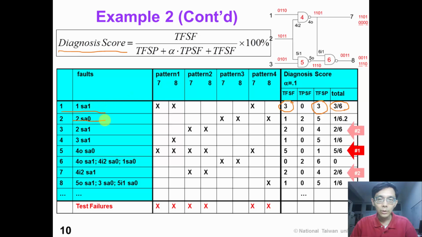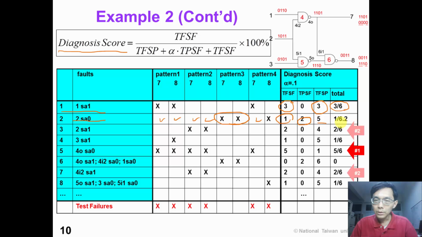For the second fault, we have 1 TFSF and 2 TPSF, which is in pattern 3, and we have 5 TFSP here.